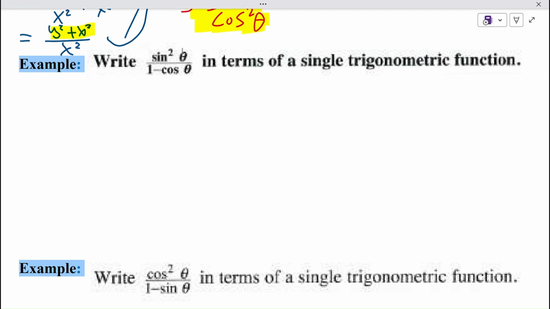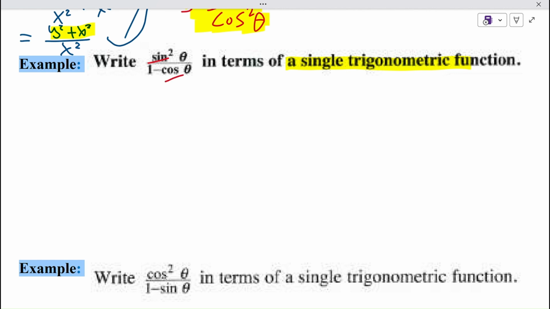Okay, single trigonometric function. This is not proof. We have to solve it or convert it to a single trigonometric function. Guys, here we have 2 trigonometric functions, sine and cosine, but we don't want this.